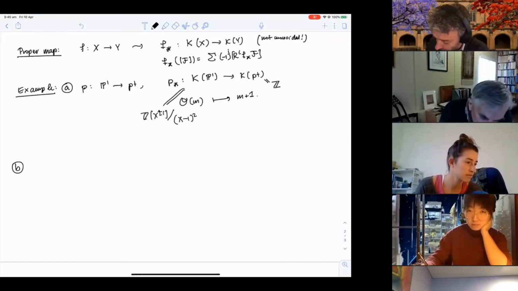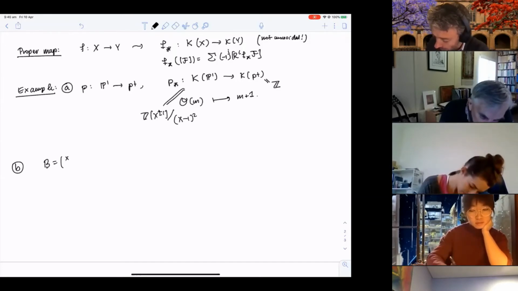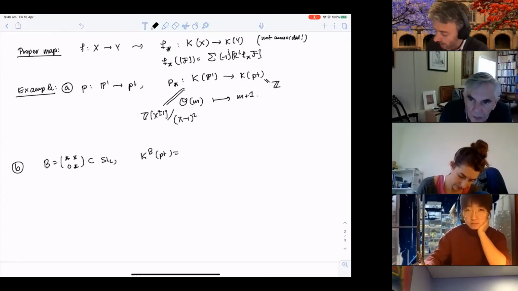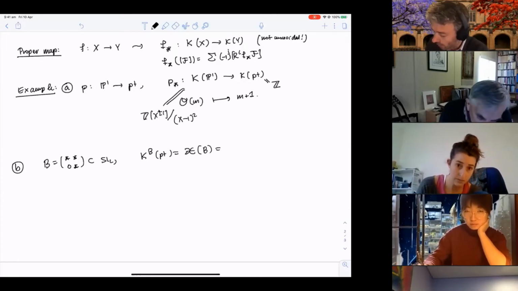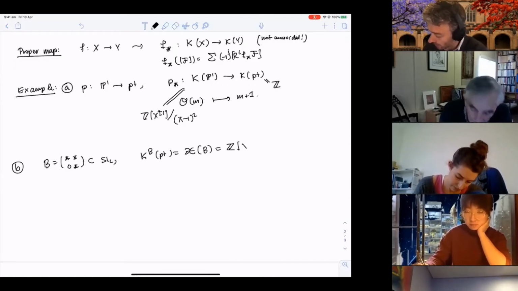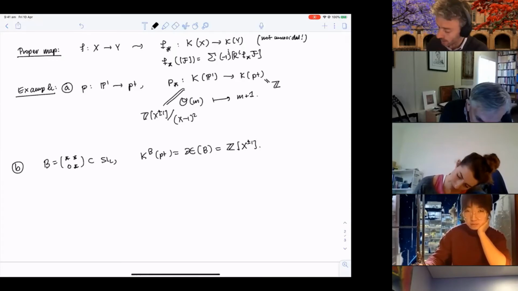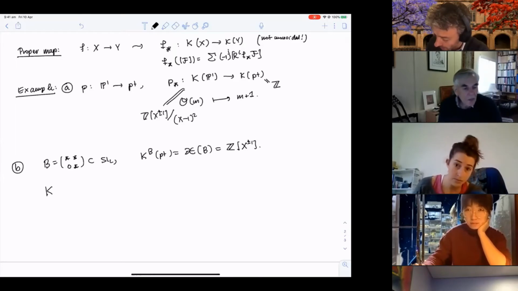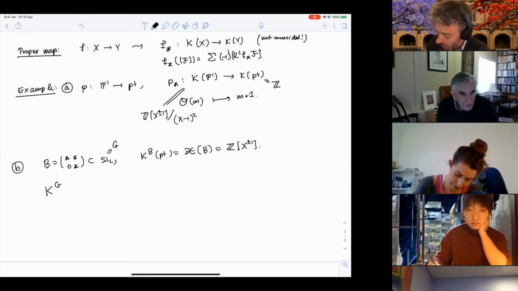So if we have B being the upper triangular matrices inside SL2, then the equivariant K theory of a point is simply the characters of B, which is Z, x plus or minus 1, and the G equivariant K theory of P1.